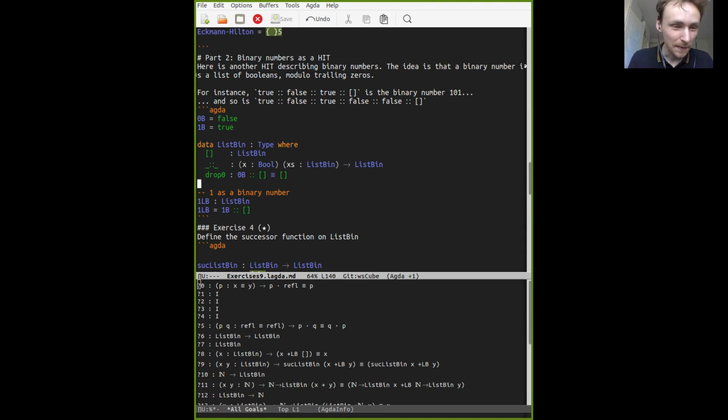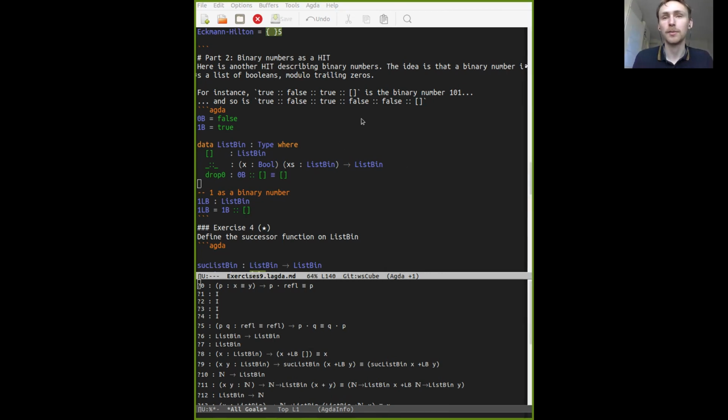Okay. All right. So the idea is to describe the binary numbers as a HIT. So we're going to make essentially polynomials with coefficients in the Booleans.